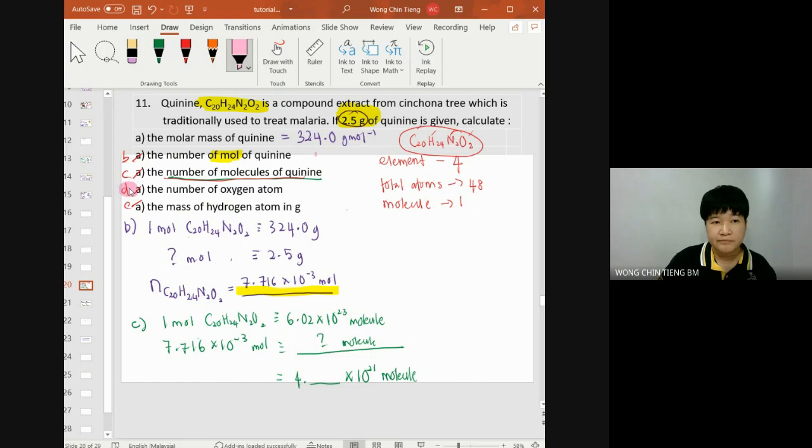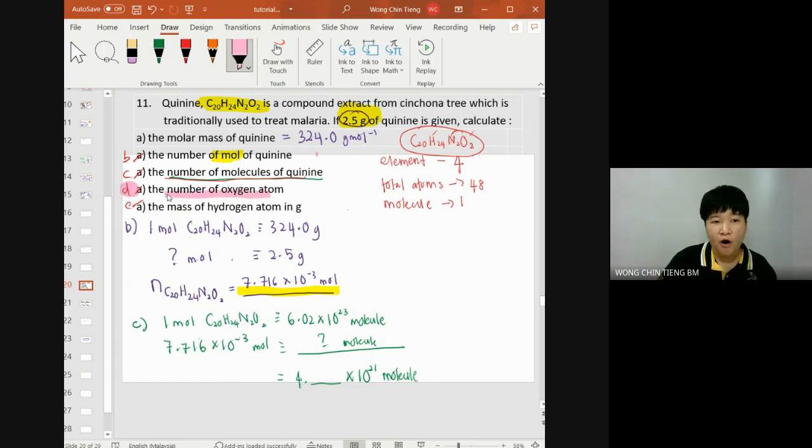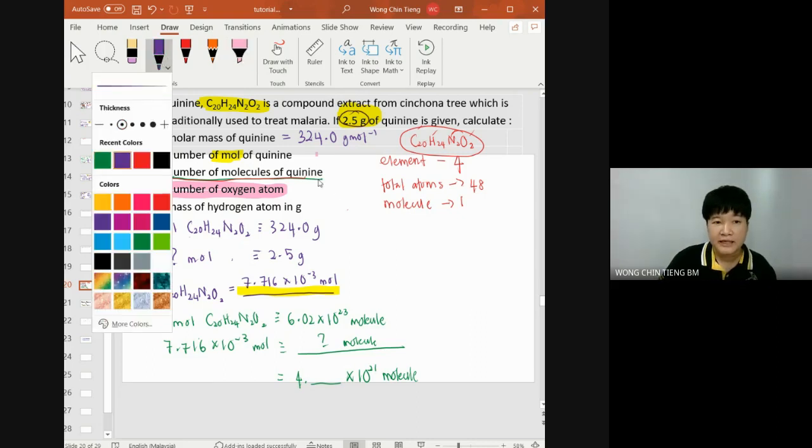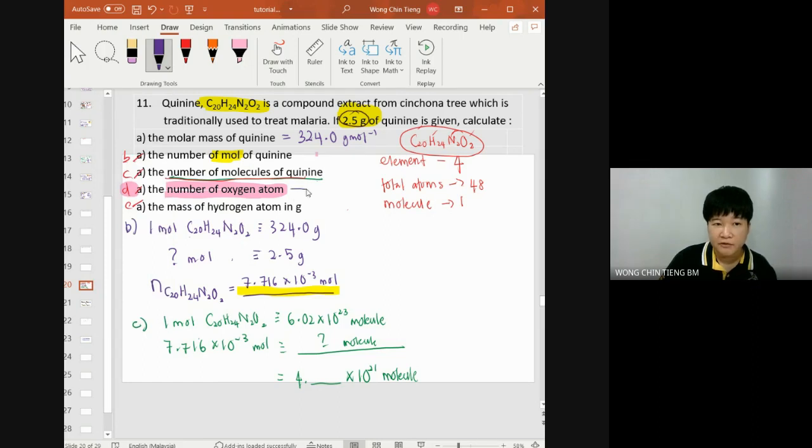Next, soalan D. Number of oxygen atom only. Nak number of oxygen bermakna kamu kena cari. Sebelum nak sampai number of oxygen, kita kena ada apa dalam tangan dulu? Anybody?